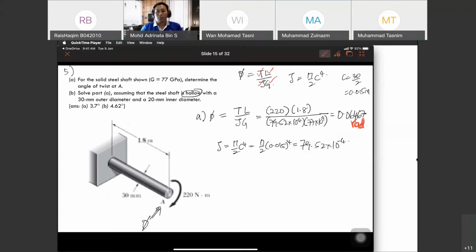How to change from radian to degree? 2 pi radian is equals to 360 degree. Pi radian is equals to 180 degree. So 0.06467 radian times 180 degree divided by pi radian.